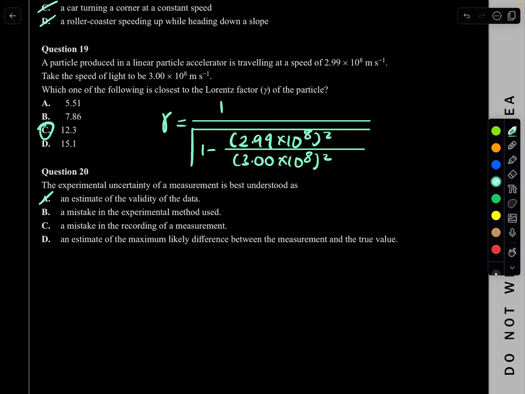B, a mistake in the experimental method used. No, that's not what uncertainty means. A mistake in the recordings of measurement. Nope. An estimate of the maximum likely difference between the measurement and the true value. Beautiful. That's actually one of the best definitions. It's just an estimate of where the true value lies. That's what uncertainty is. So D seems like the perfect answer.